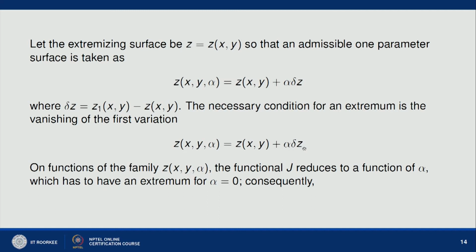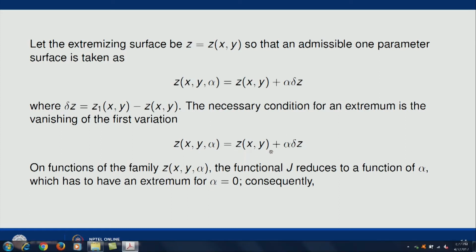It is to be noted here that by suitable choice of alpha and z1 you can find any surface having the same boundary condition on the boundary C. So z of x comma y comma alpha, given by this, will represent any arbitrary surface having the same boundary condition.